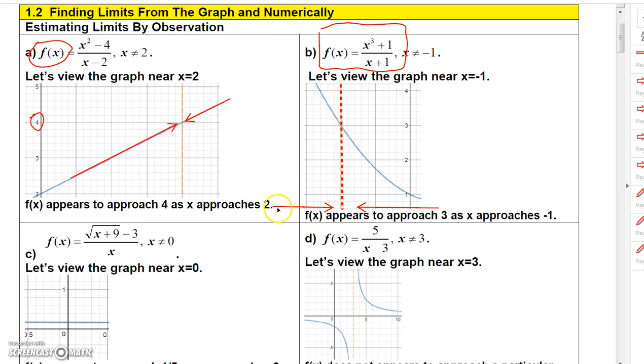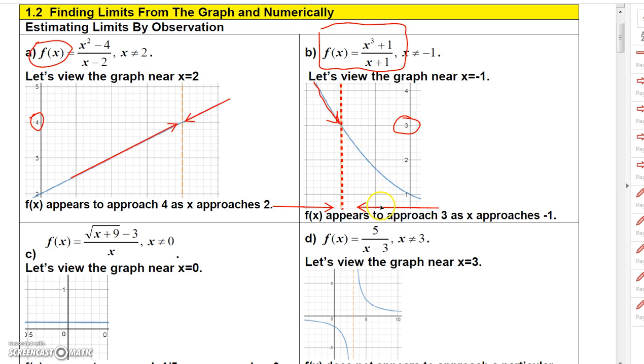Notice, as x gets closer and closer to -1 from this side, the corresponding y values get closer and closer to this horizontal line at y equal 3.